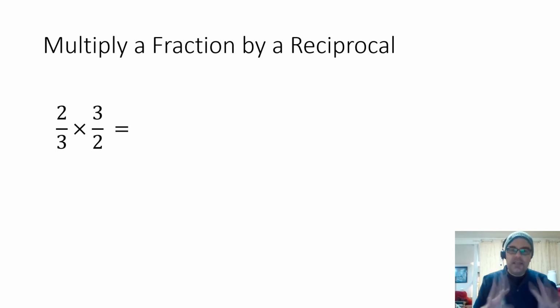This is one of the key concepts that underlies the next method I'm going to use. So what happens when we multiply a fraction by its own reciprocal? Let's have a look at that. If I have 2 over 3 times 3 over 2, we have the 2 on the top and the 2 on the bottom, cancellation.